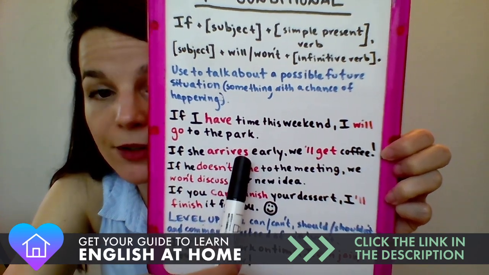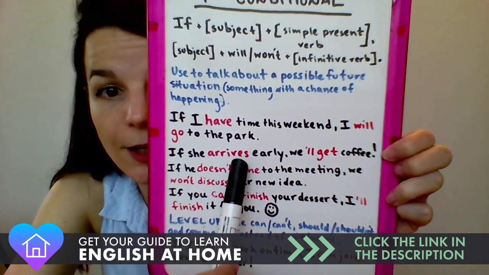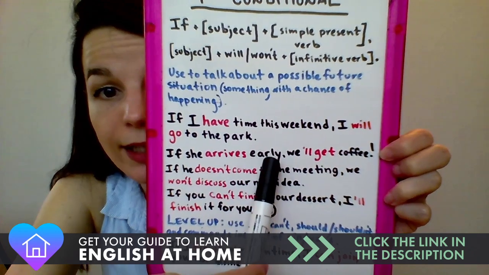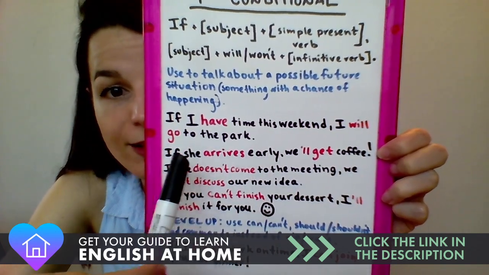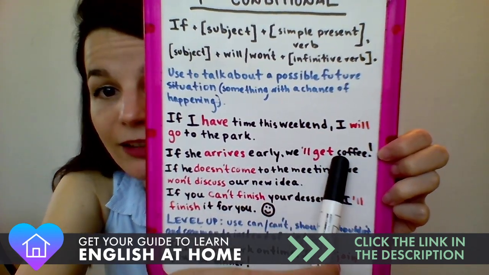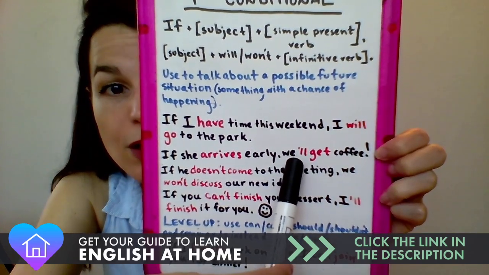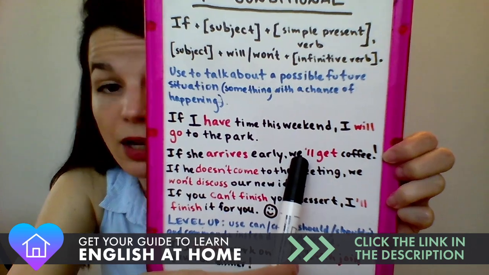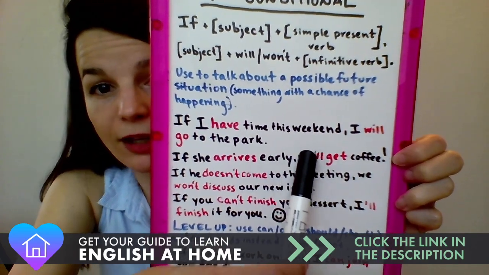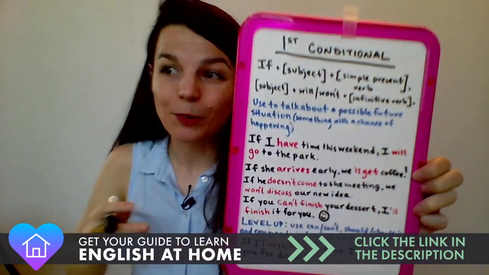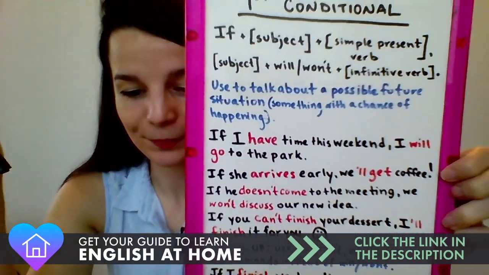She arrives. So we need to add this S here. If she arrives early, comma, so here's my if clause, we'll get coffee. Here I've reduced we will to we'll. So get, it sounds like we will go together and buy it.